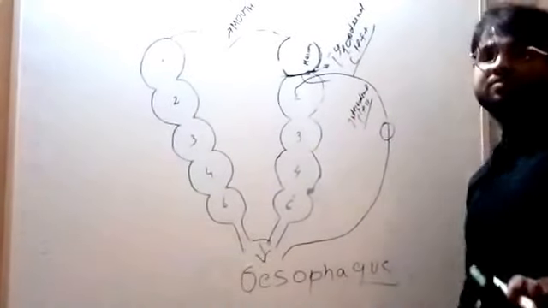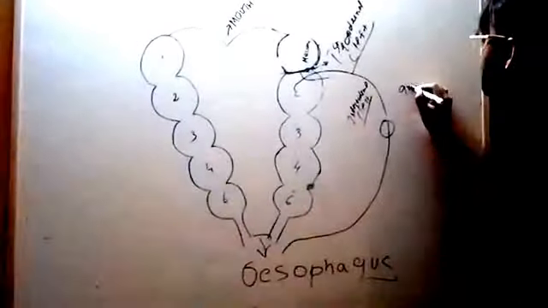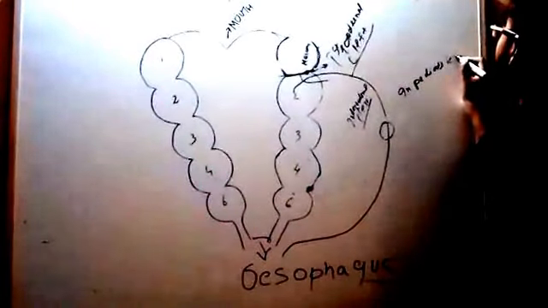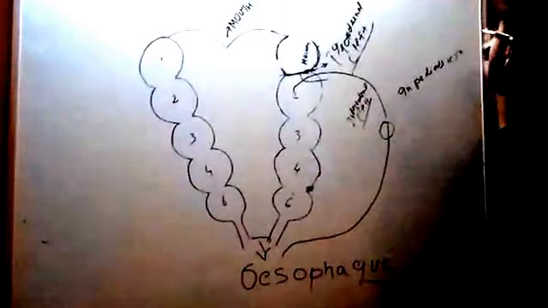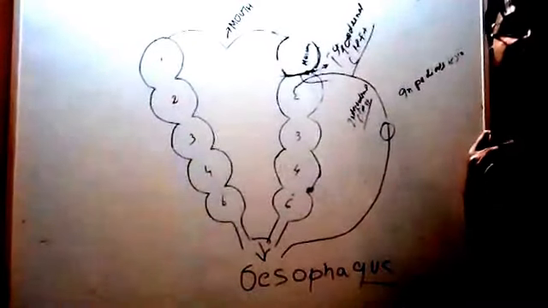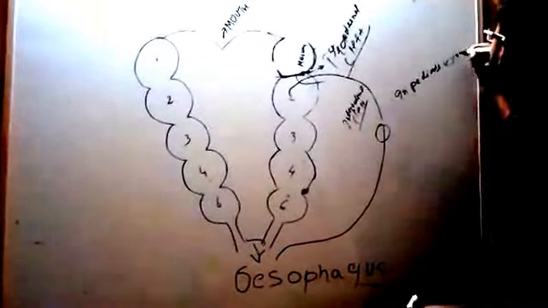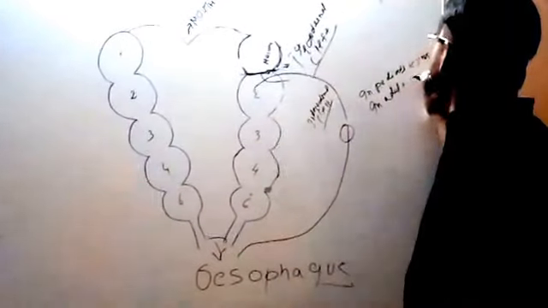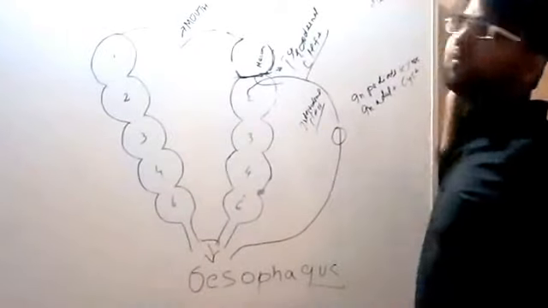Now an important concept. In children, in pediatric populations, sinuses are more common, and in adults, cysts are more common.